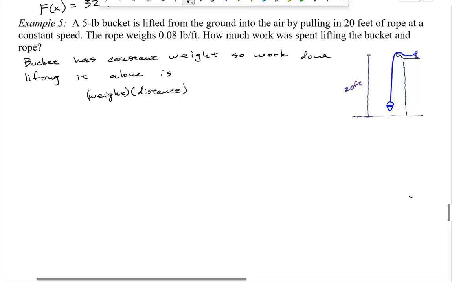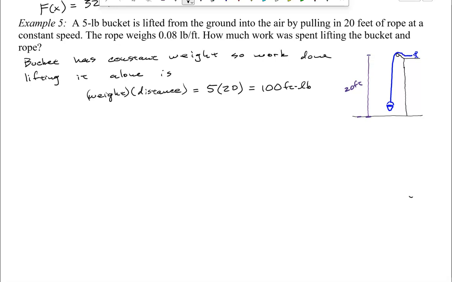The heavier it is, the more it's pulling down. That is our force. And they're telling us in the question that we have a 5-pound bucket and it is being lifted a distance of 20 feet. So just the bucket by itself, if there was no rope involved, we have 100 foot-pounds. That's the work done in lifting the bucket alone.